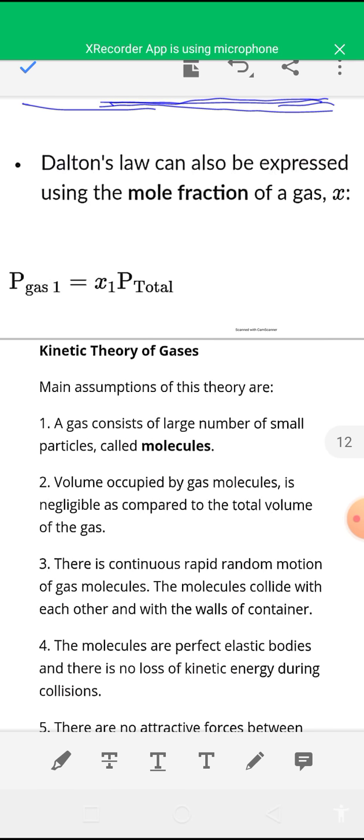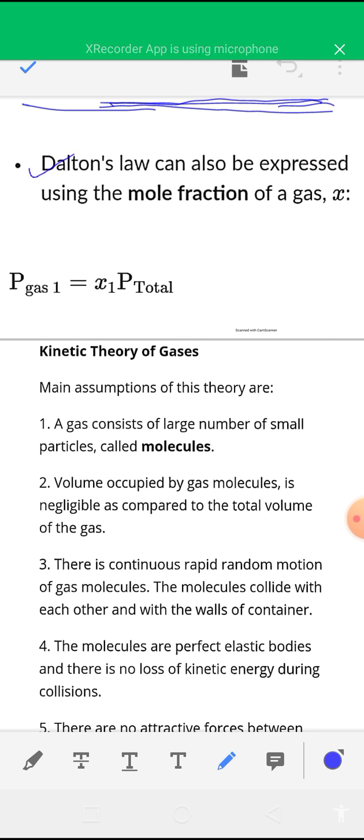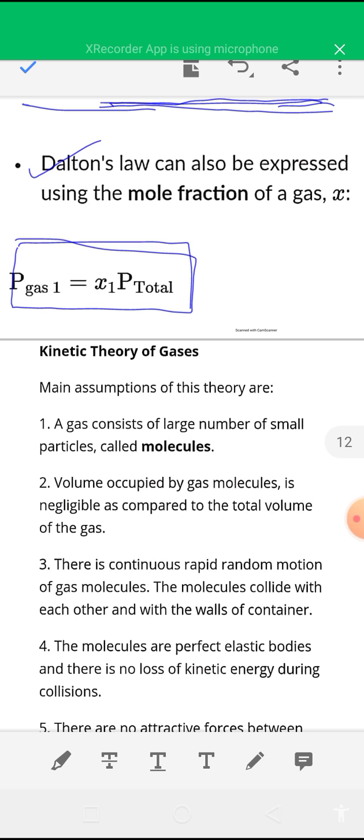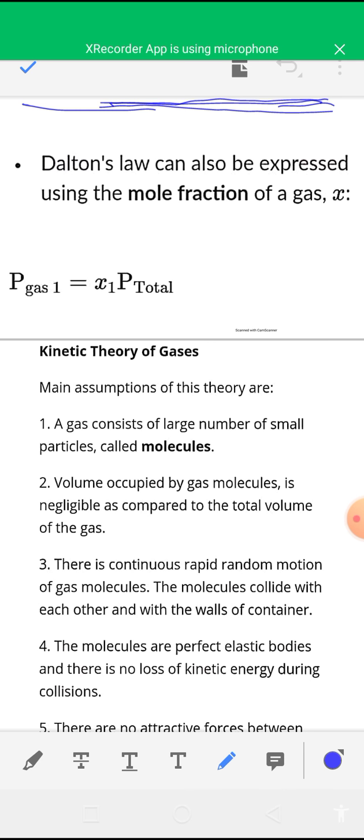And Dalton's law can also be expressed using the mole fraction. The relation between partial pressure of an individual gas and its mole fraction is P of gas 1 is equal to x1 times total pressure. In general, Pi, the partial pressure of the ith gas, is equal to the mole fraction of the ith gas times the total pressure.